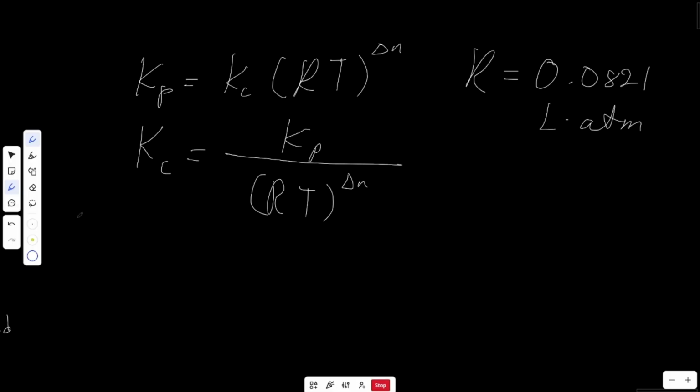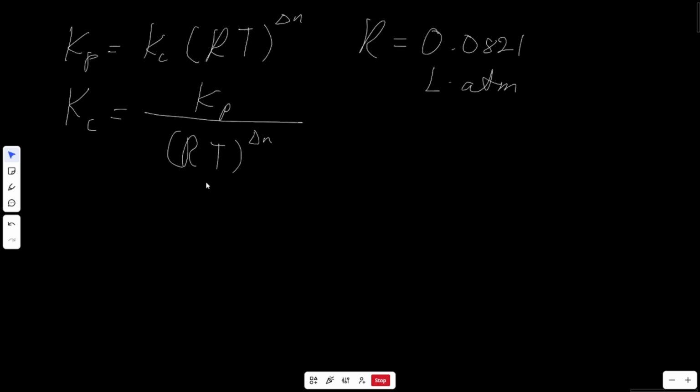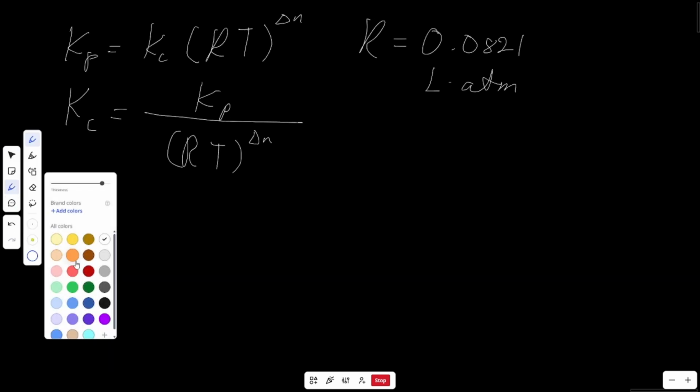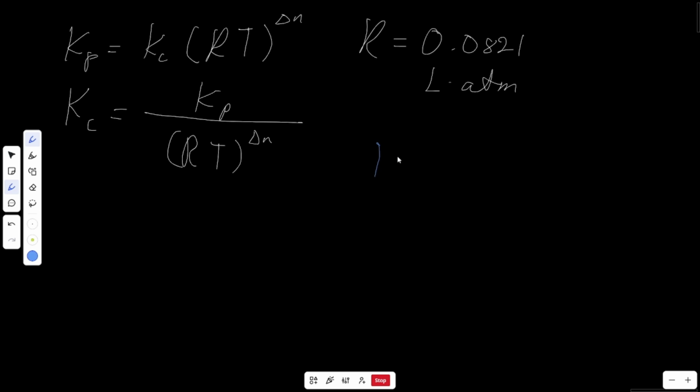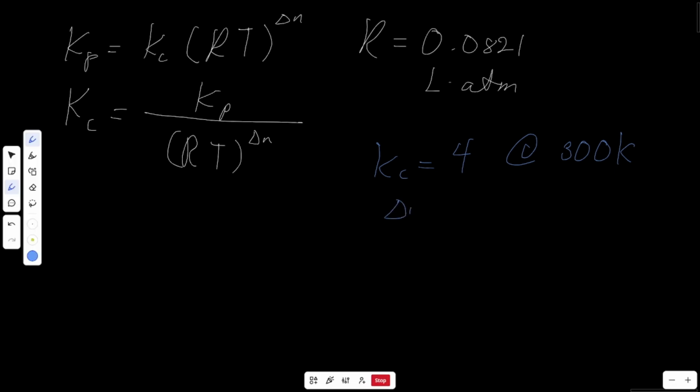So let's try that with a really simple example. Let's say given Kc is equal to 4 at 300 Kelvin. This is temperature in Kelvin, by the way. And the change in moles is equal to 2.